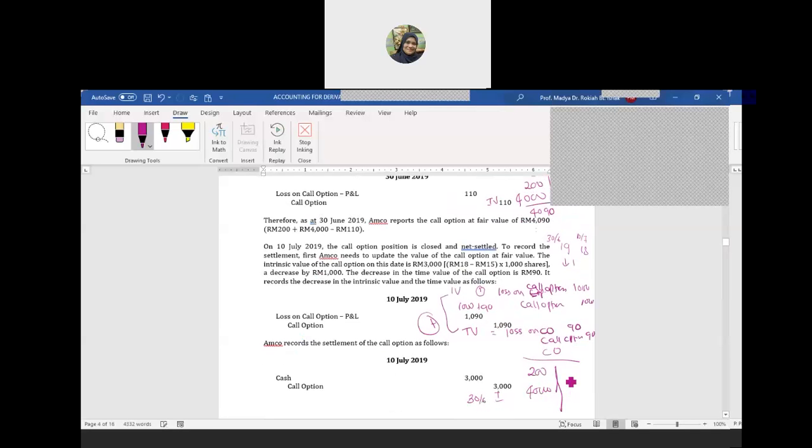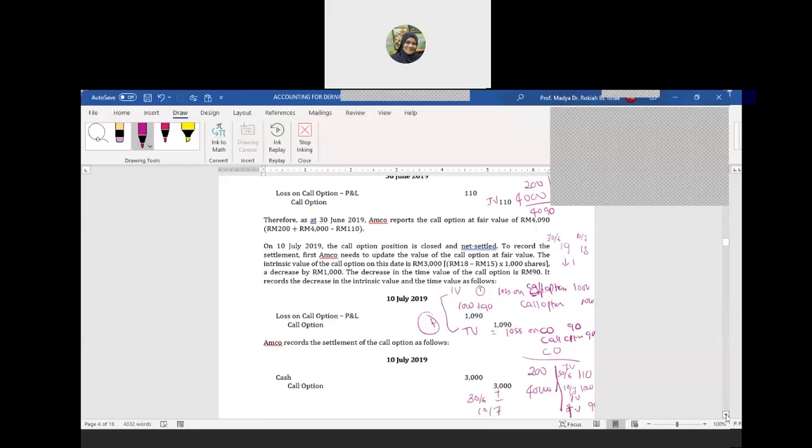And then you have a reduction on 30th of June by 110 because of the time value. And then on 10th of July, we have a reduction of 1,000 due to the reduction in the intrinsic value. And then for the time value, we have another reduction of 90.